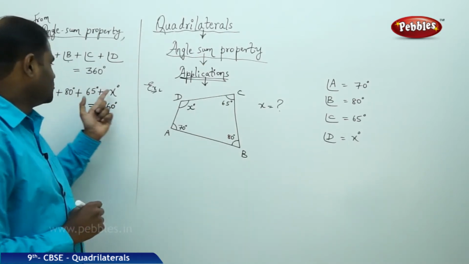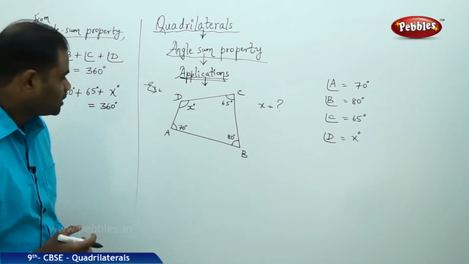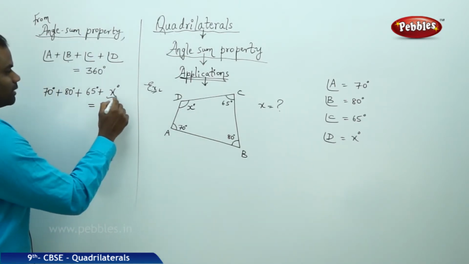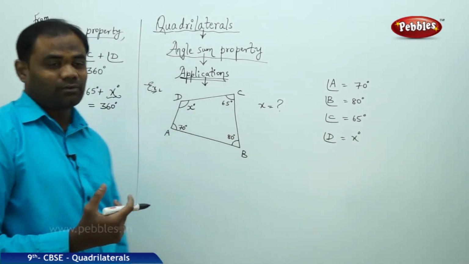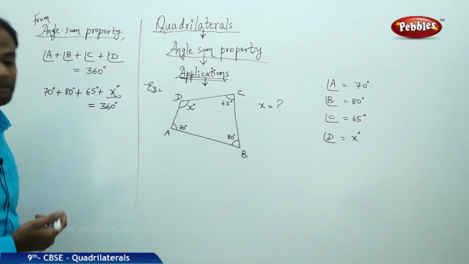Therefore, the sum of all this equals 360. Now my target is to find the value of x. So let's see how we can find x from this equation.